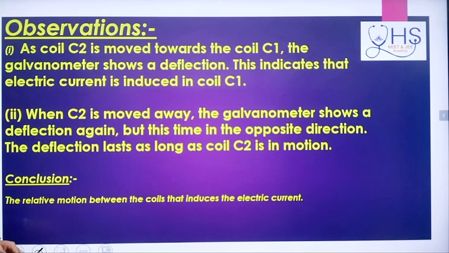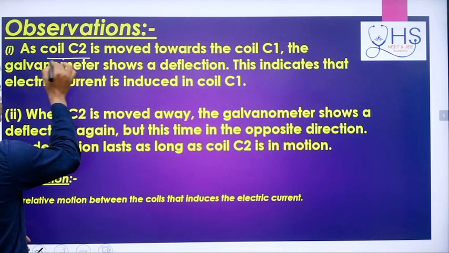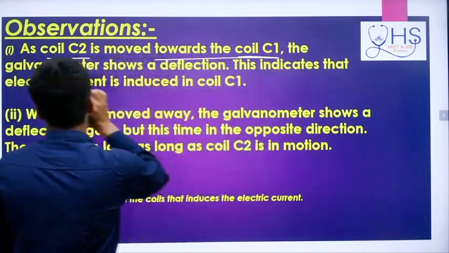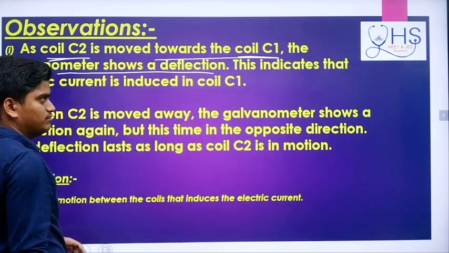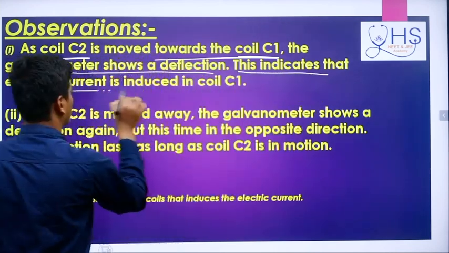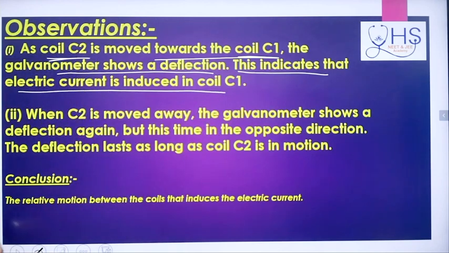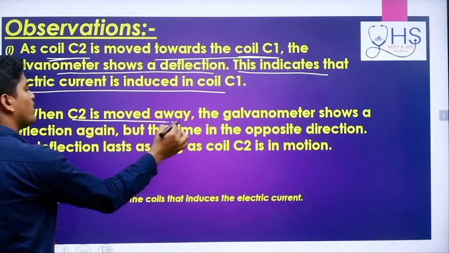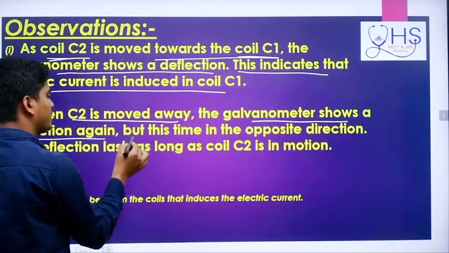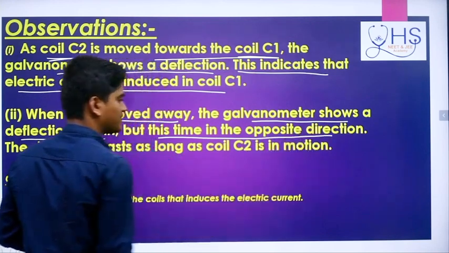So what is the observation here? Now as coil C2 is moved towards coil C1, the galvanometer shows a deflection, and this indicates that electric current is induced in coil C1. And when C2 is moved away, the galvanometer shows a deflection again, but this time in the opposite direction.